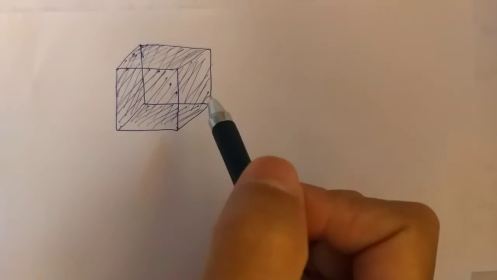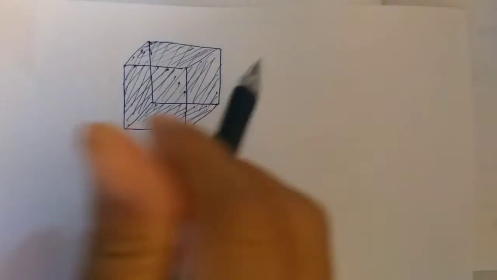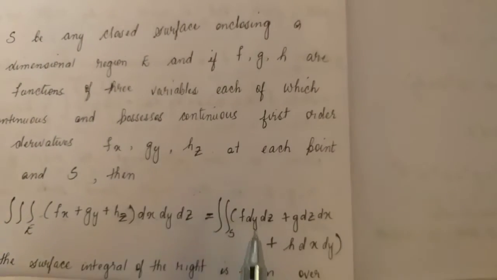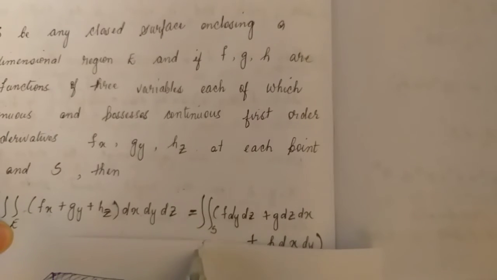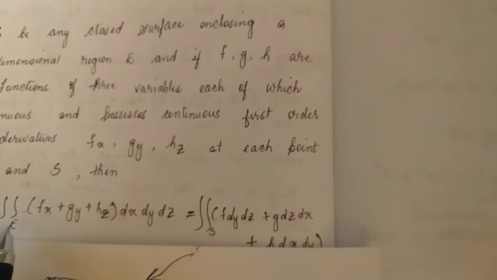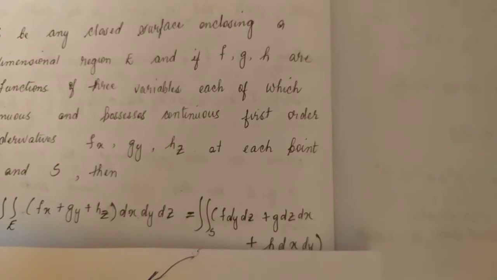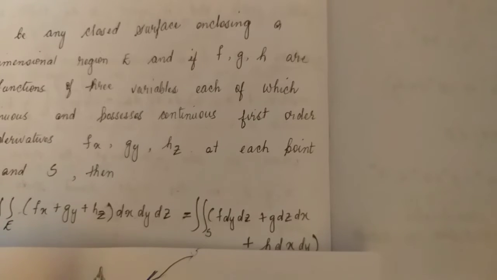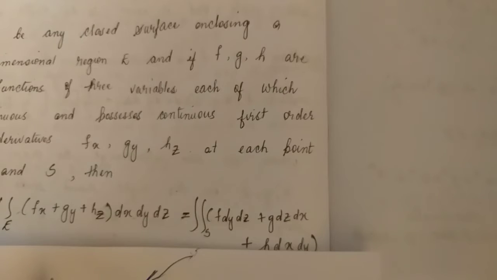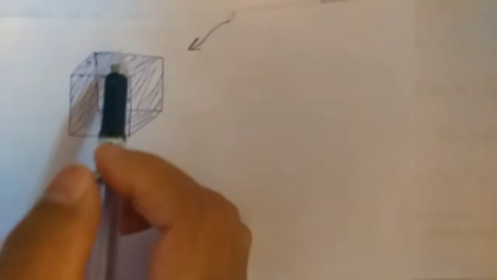So you have 6 surfaces. It means that this S, you are going to find out 6 surfaces, but the volume E, this region E enclosed by these surfaces, will be only the interior, only that volume inside which is enclosed by these 6 surfaces of this cuboid.